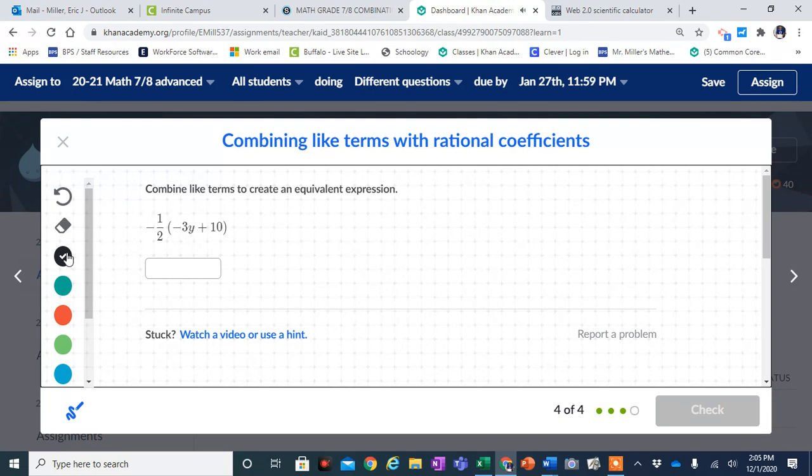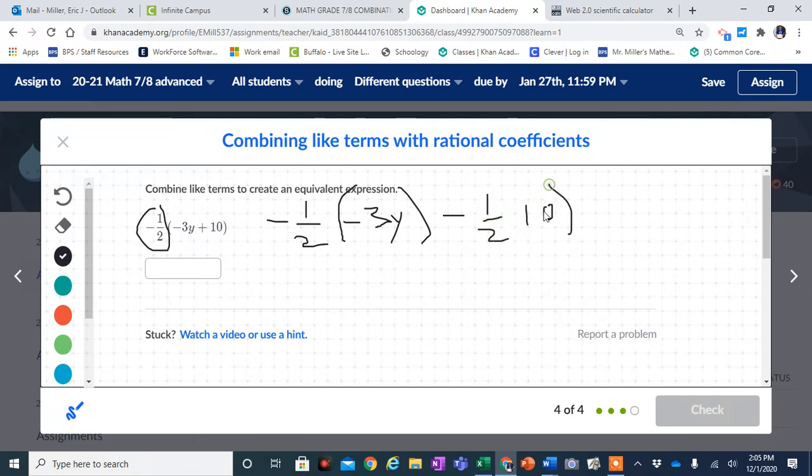Okay, for this one, we need to multiply the negative 1/2. So negative 1/2 times negative 3y, and then negative 1/2 times 10. A negative times a negative is a positive. 1 times 3 is 3/2y.